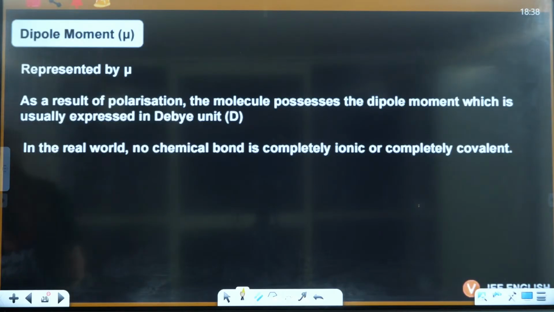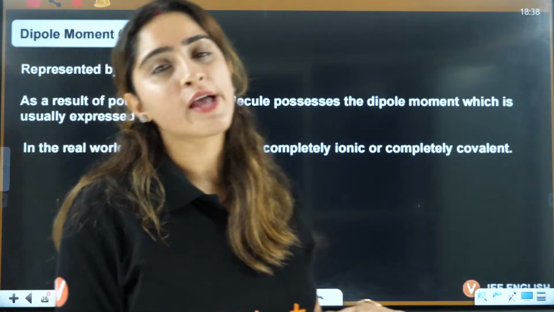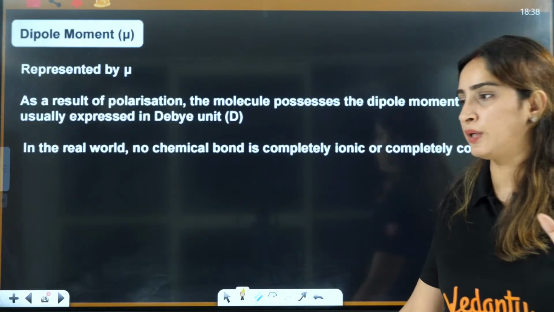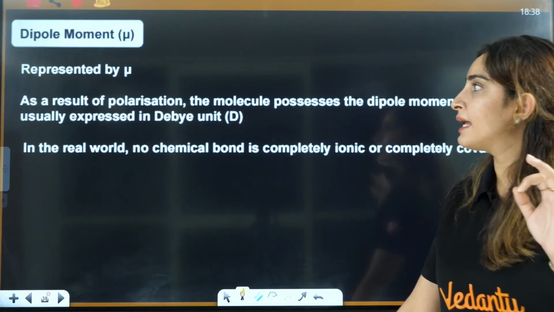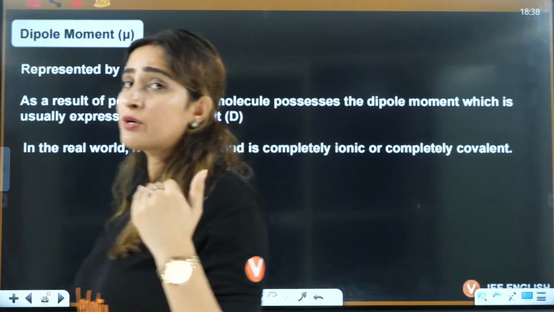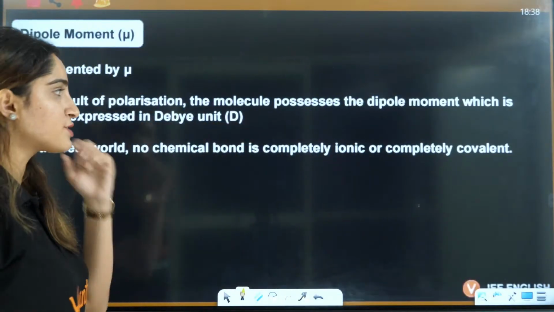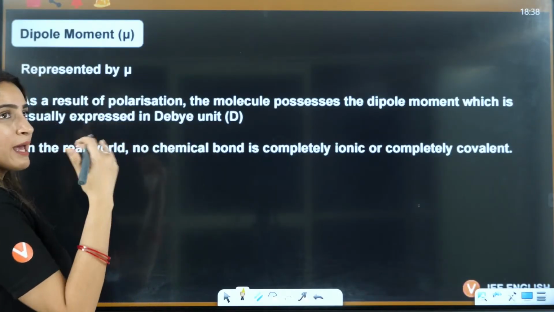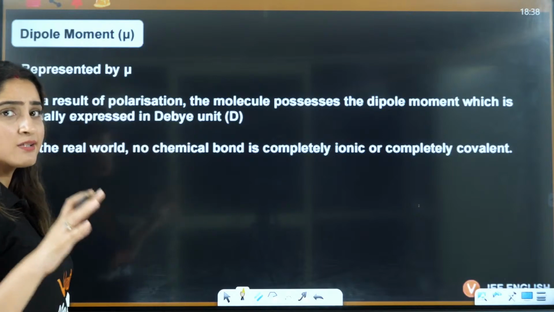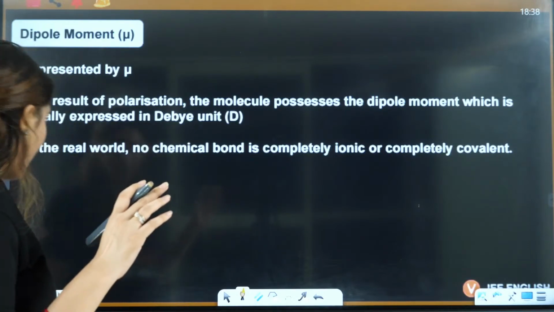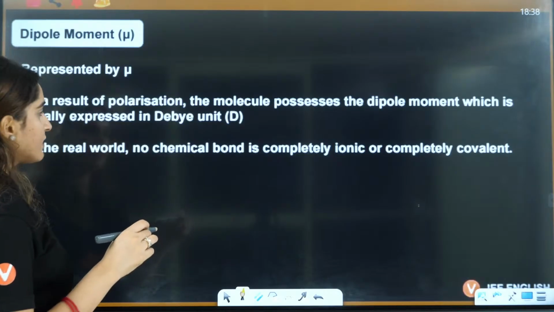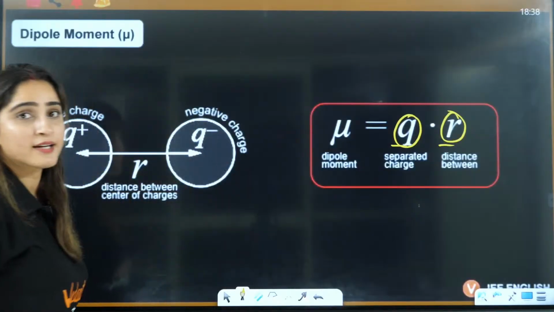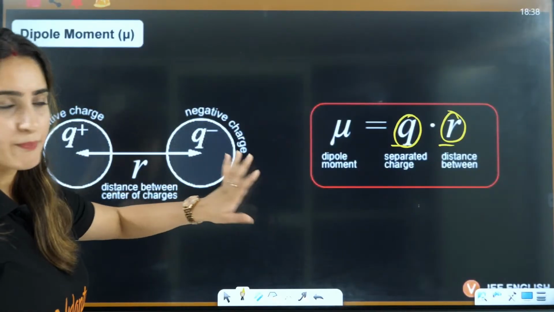Beta, let's not mix block chemistry here. Inorganic benzene we will discuss in P block only. Okay? Now, let's discuss dipole moment. Dipole moment is the polarity. There is no chemical bond as such in reality; this is a hypothetical situation that we imagine, and it is the product of charge and distance, represented by mu, the dipole moment.